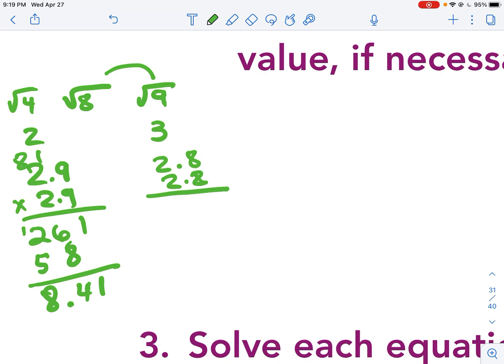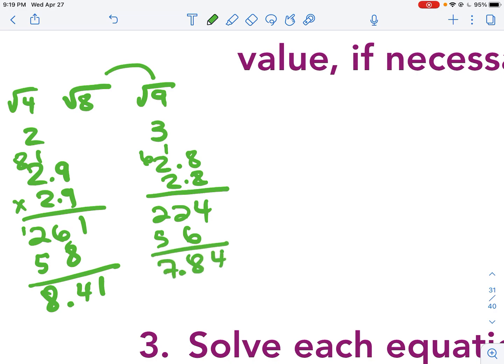If I took 2.8 times 2.8, that's not that number. 64. I carried it to the wrong part. That's going to be 16 plus 6 is 22. That's 16. That's a 5. 4.